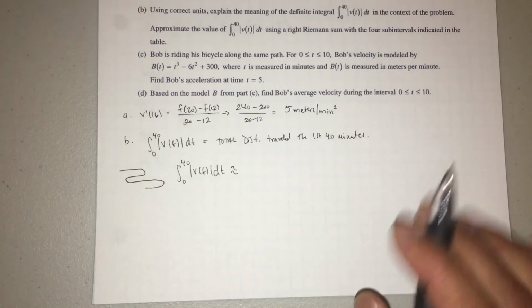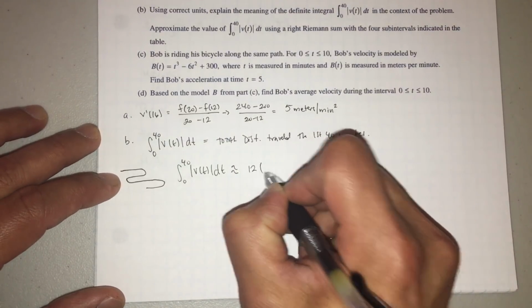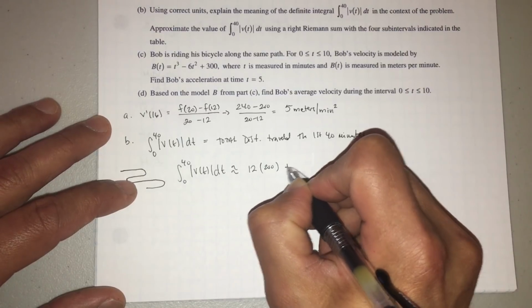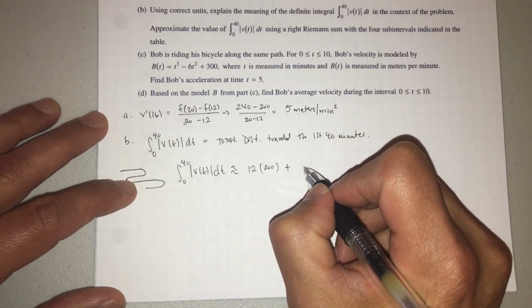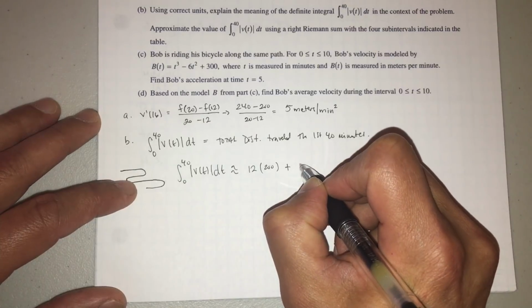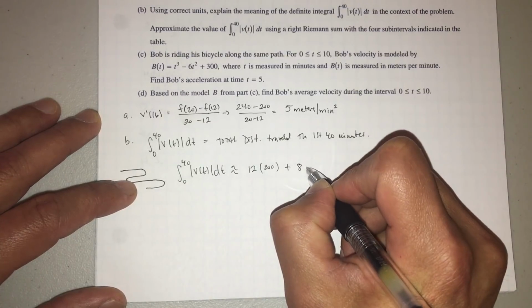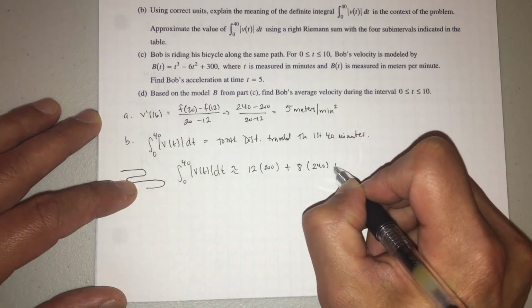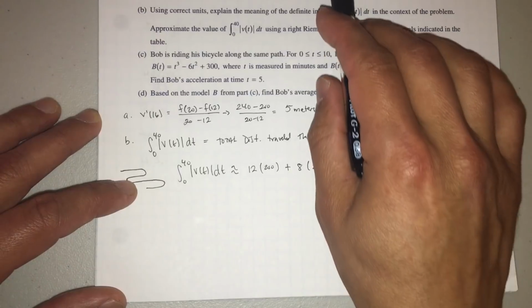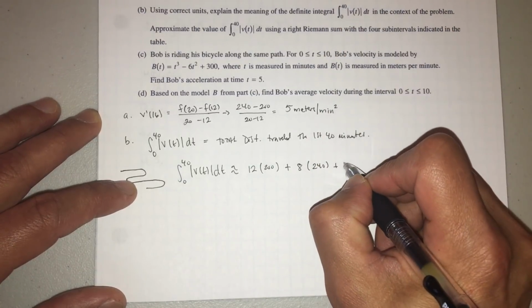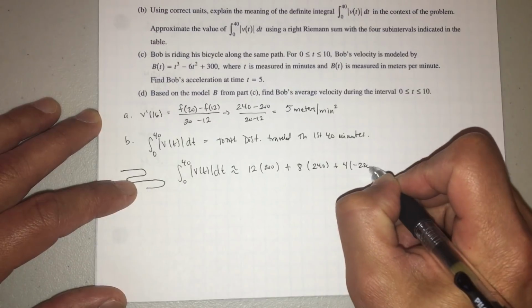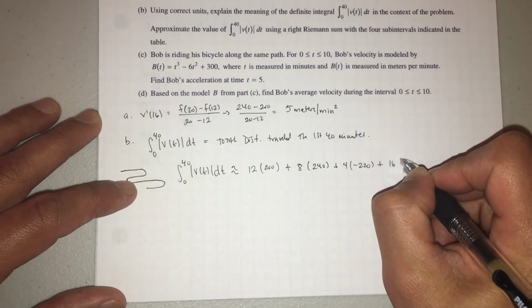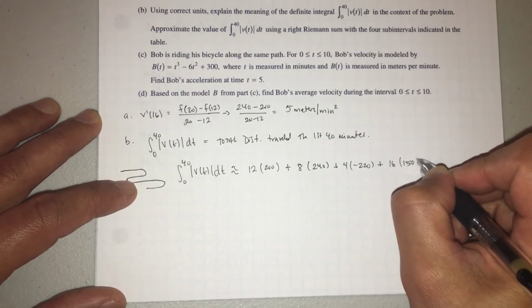So the first one is 12 times 200, plus from 12 to 20, 8 times 240, plus from 20 to 24, 4 times negative 220, plus from 24 to 40, 16 times 150.